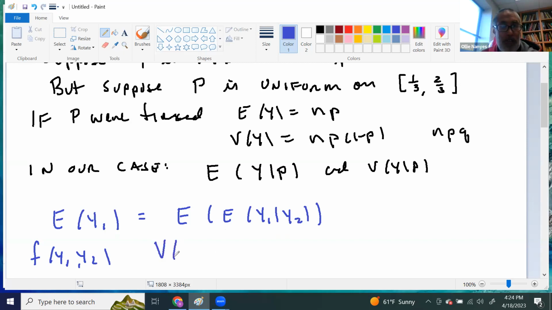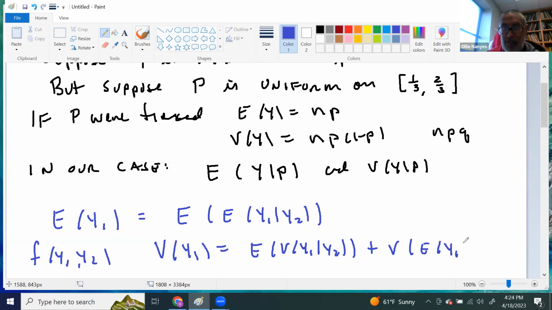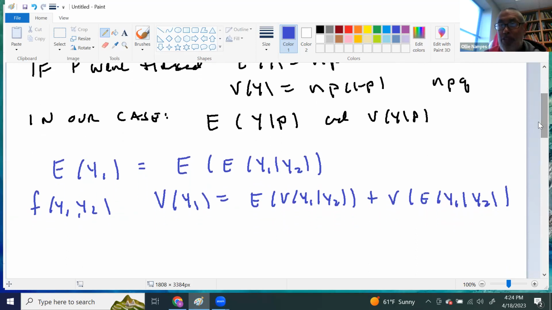We also want to derive the formula where you end up with the expectation of the conditional variance, so I better rewrite that, of the conditional variance plus the variance of the conditional expectation. Understanding that this is a random variable and so is this. So the question is how do we derive such formulas?